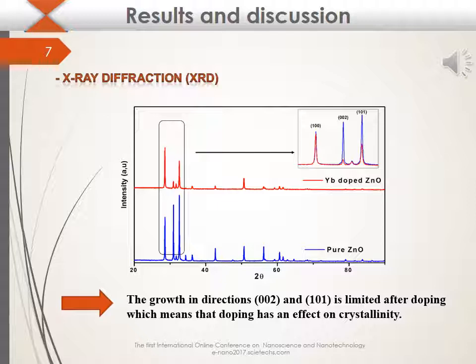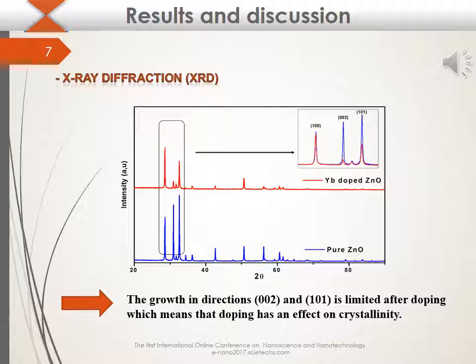The results show that the intensity of the 002 and 101 peaks decreased with the addition of ytterbium, while the intensity of the 100 peak didn't change.